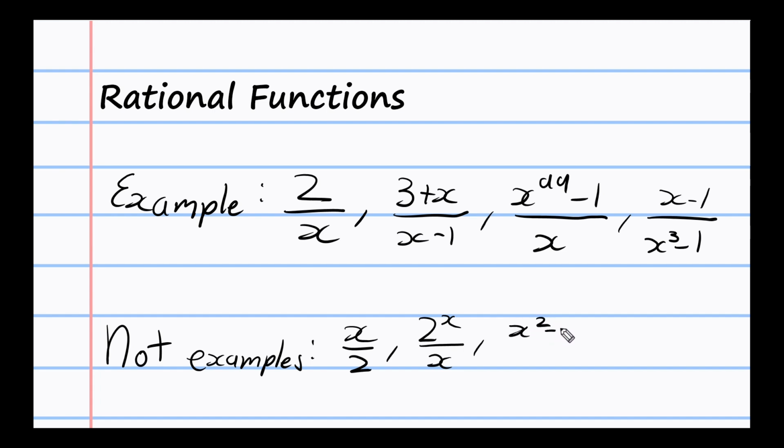X squared minus 5 divided by 3. Again, the bottom in this case is not a polynomial. Sine of x over x. The top again isn't a polynomial.